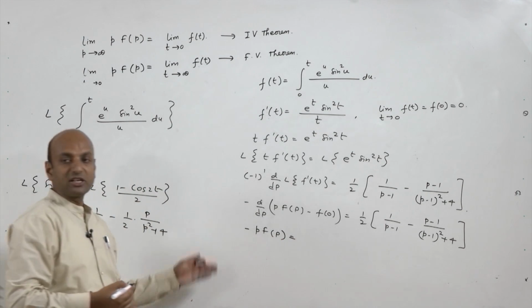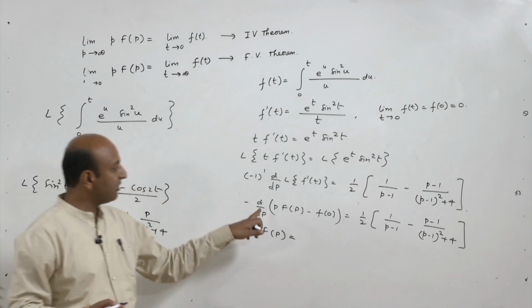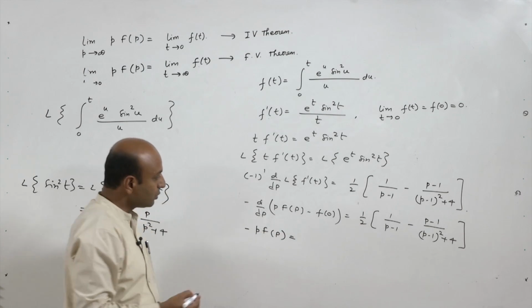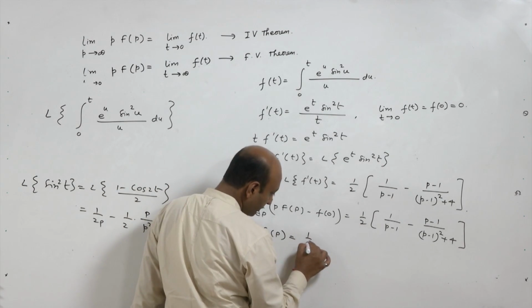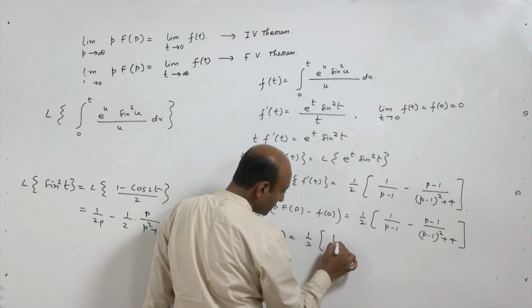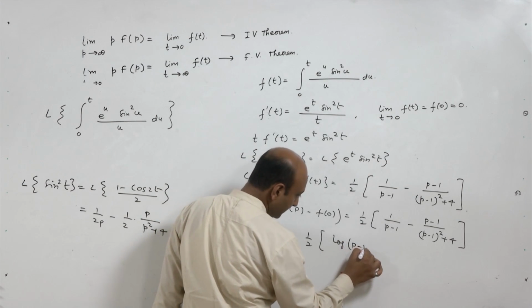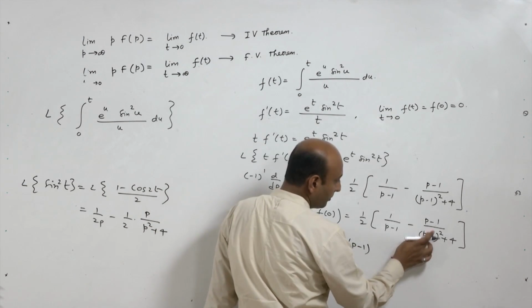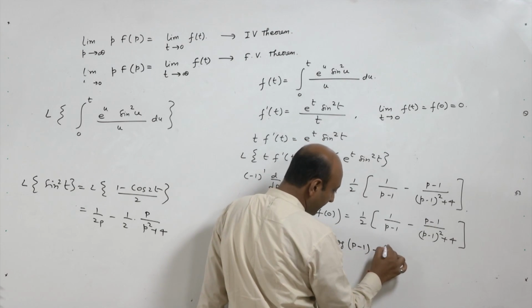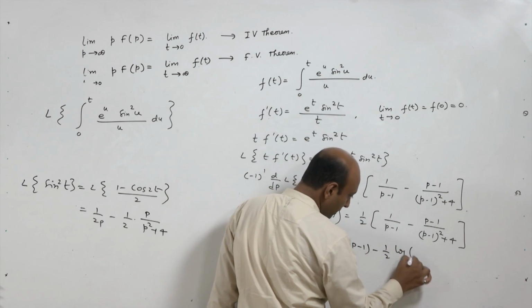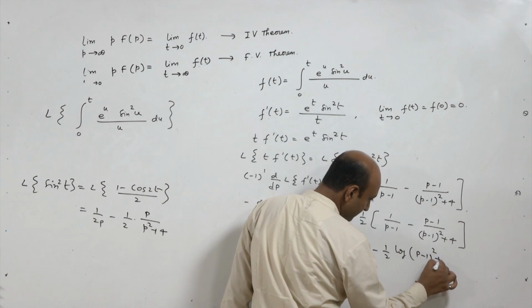You integrate both sides with respect to p. So 1 by 2 comes out, this is log of p minus 1, and multiply and divide by 2, so it is minus 1 by 2 log of (p minus 1) whole square plus 4.